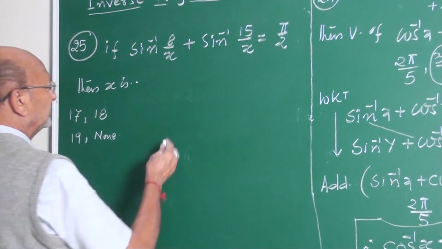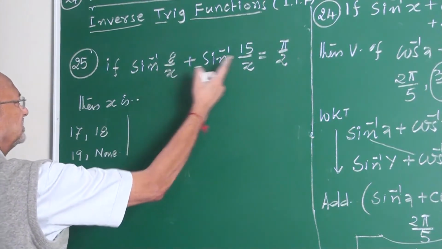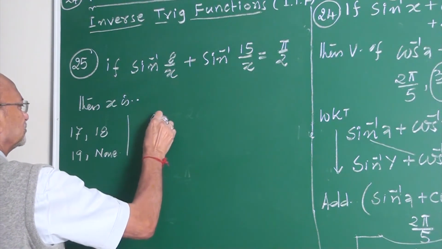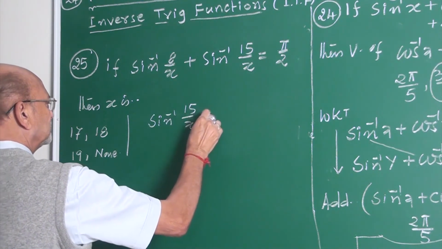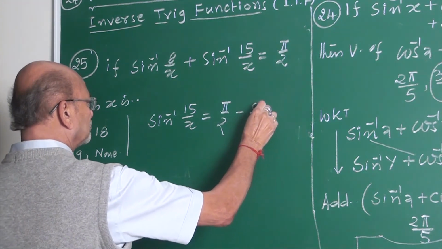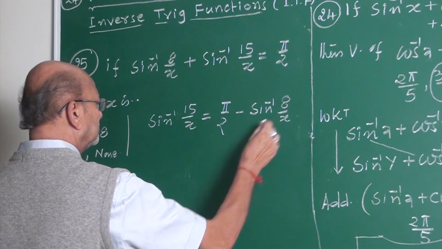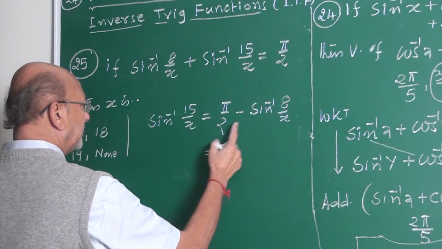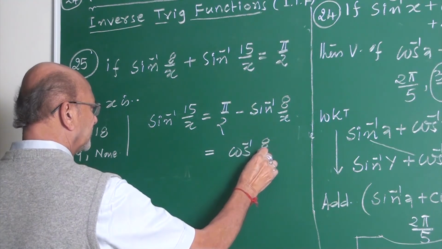Shift one term to that side. This can be written as sin inverse 15 upon x is pi by 2 minus sin inverse 8 by x. Pi by 2 minus sin inverse is cos inverse 8 by x.